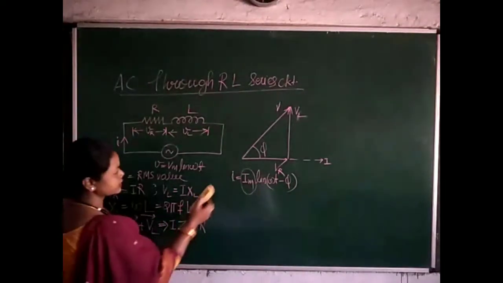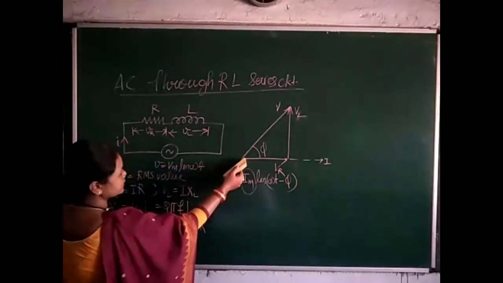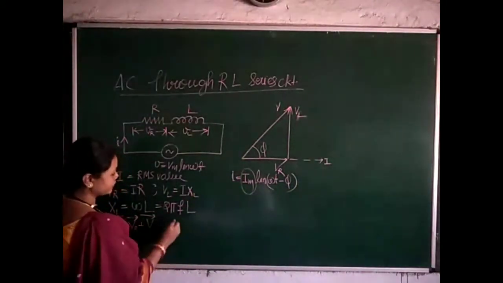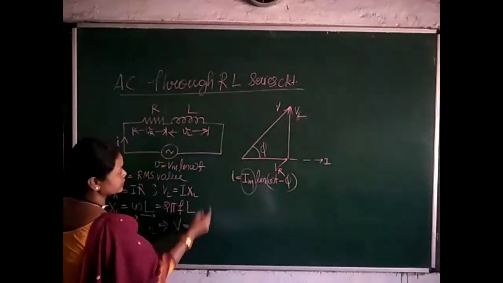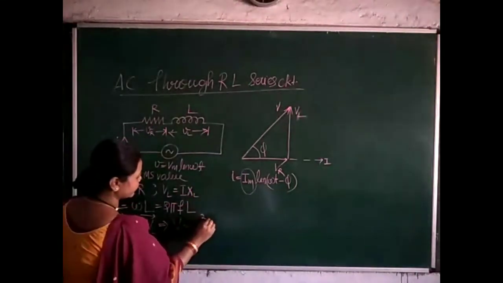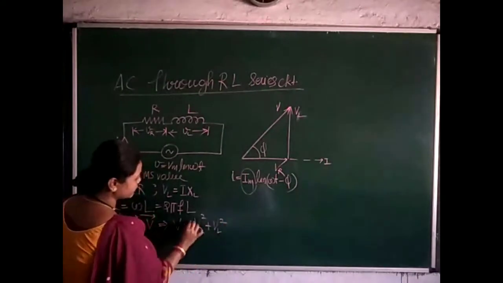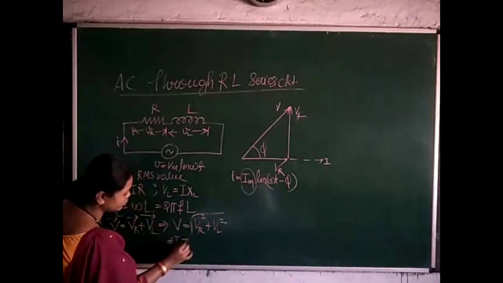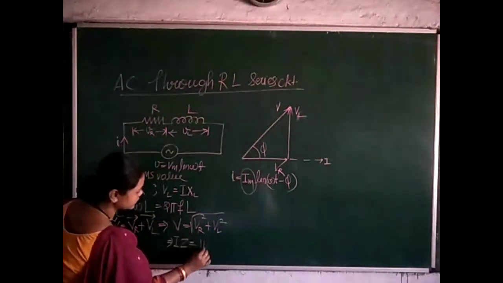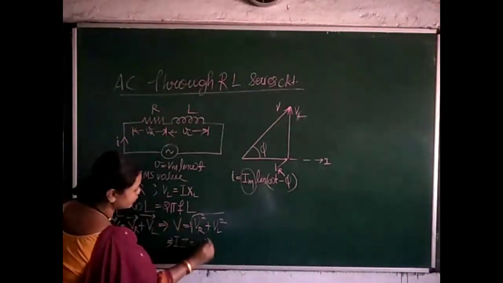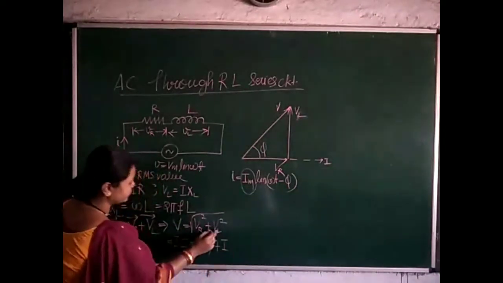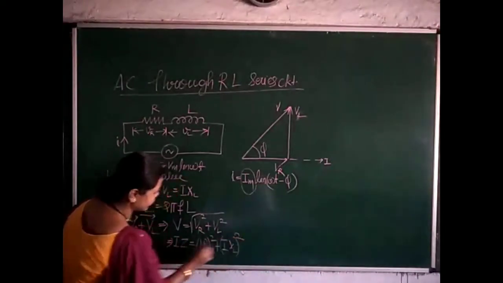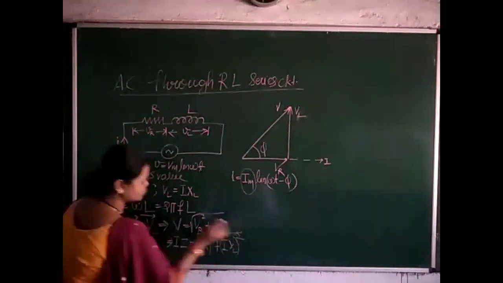So from this diagram you get that V is the square root of VR square plus VL square, or you may write V is total current into total impedance, where VR is I into R, whole square, plus VL is I into XL, whole square. This one is in magnitude form.